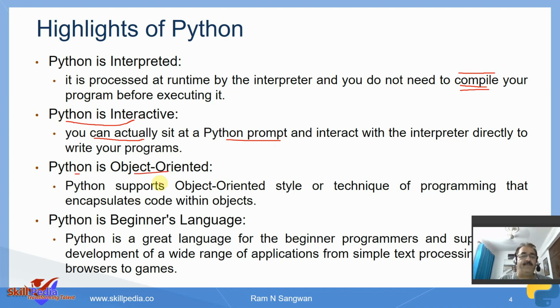It's object oriented: it supports the object oriented style or technique of programming that encapsulates code within objects. If you recollect, I defined the object as a well-defined boundary around a function and the variable on which those functions work. When I say object, you think of this object. This is an object. Now, a pen is an object. Anything can be treated as an object. A mouse is an object. So these objects have a boundary which separates them from the rest of the world.